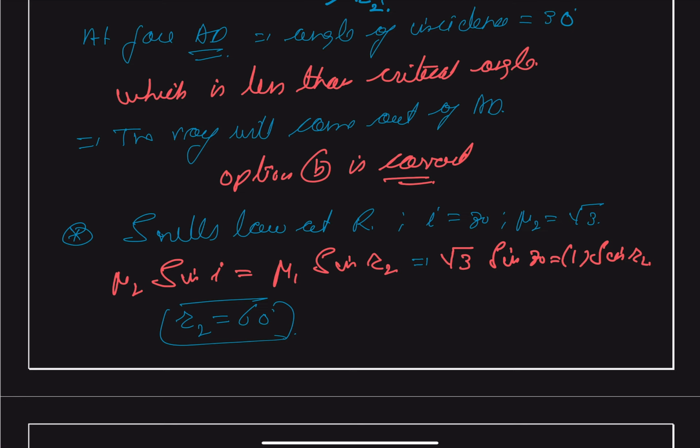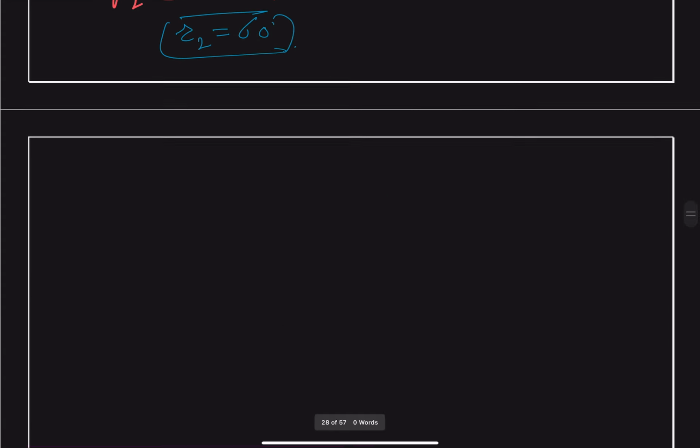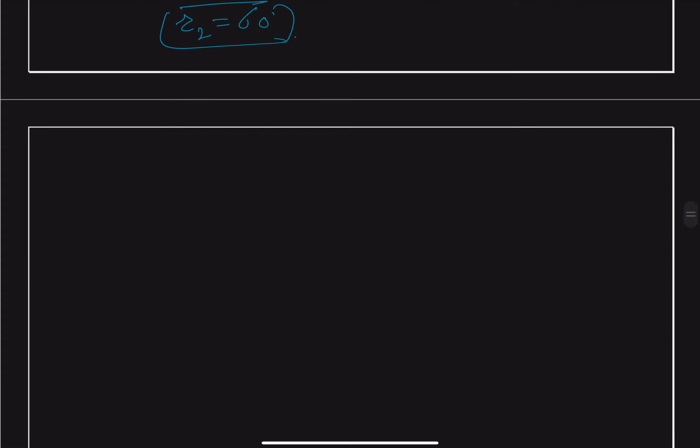Okay. We are given that the first incident angle is 60 degrees, and we have to find the angle between the initial incident ray and the final emergent ray. For that we can just draw the figure.